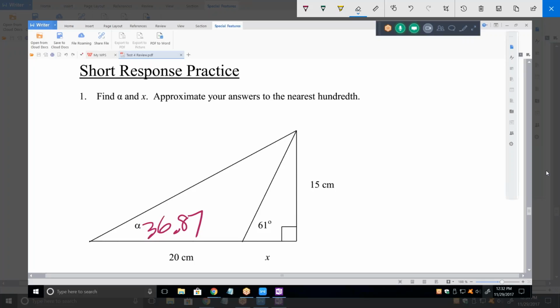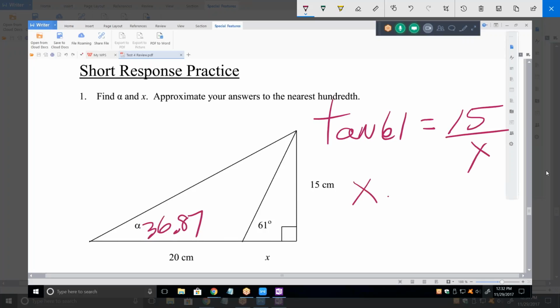Always start the left side of your equation with the trig function you're going to use. What trig function are you going to use? Tangent of 61 equals 15 over x. Solve that.